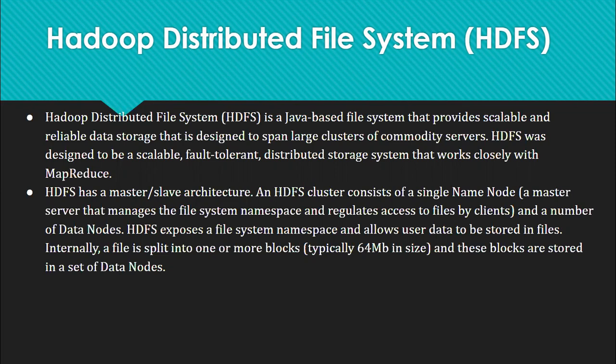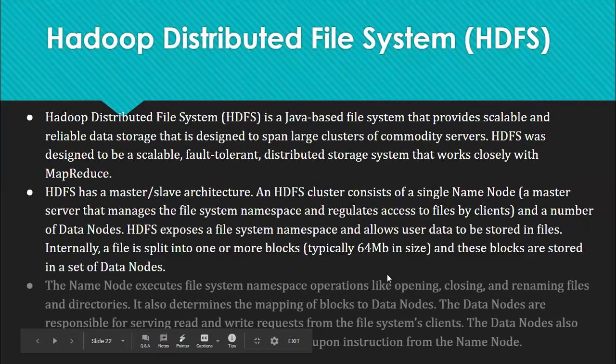HDFS works in a master slave architecture where there is a single master node, the name node, which manages the file system namespace and also handles access to files requested by clients. And there are a number of slaves, the data nodes, where the data is stored in the form of blocks. The size of a block is 64 MB.